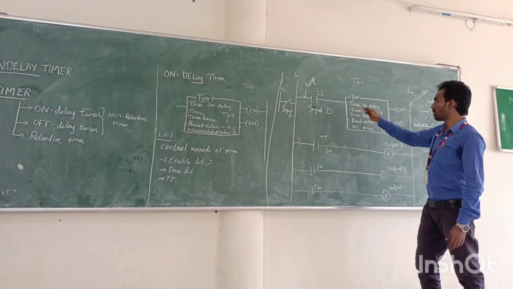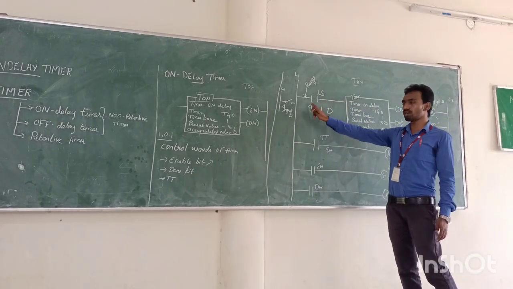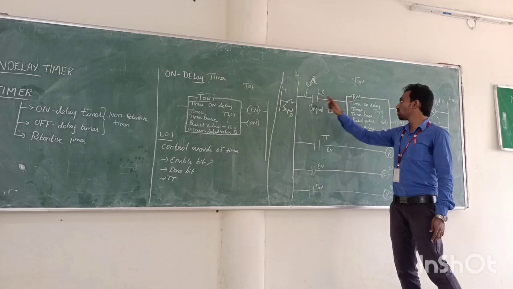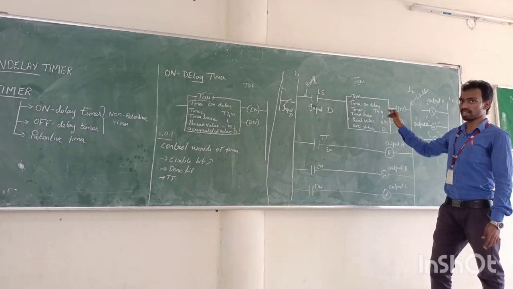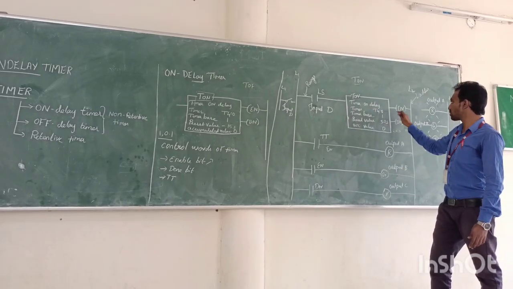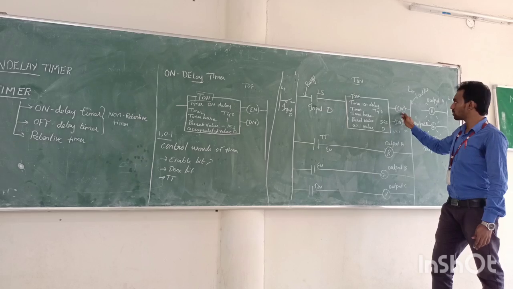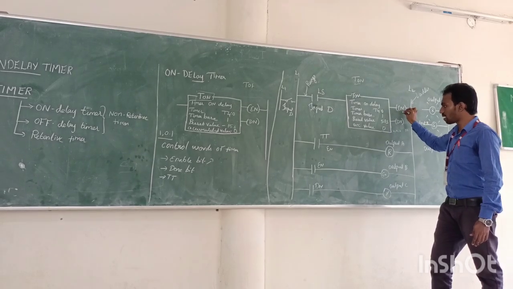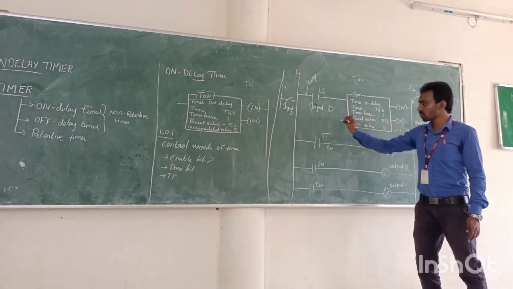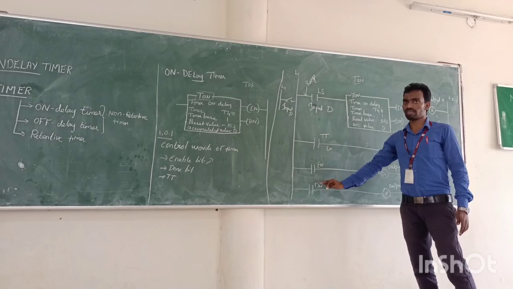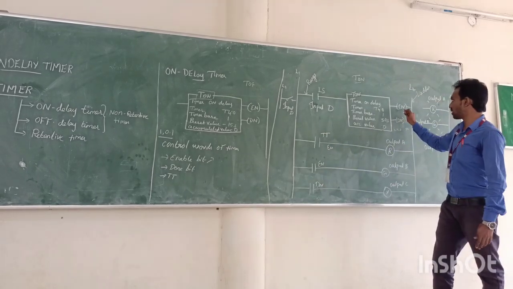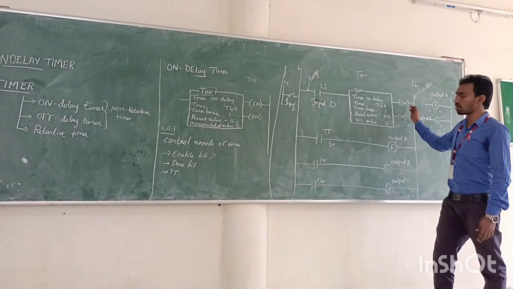When the switch LS1 is closed, the timer will get energized. When it is energized, the enable bit is also energized. This enable bit will give instruction to the input devices we have connected, so the information is carried from the enable bit to here.